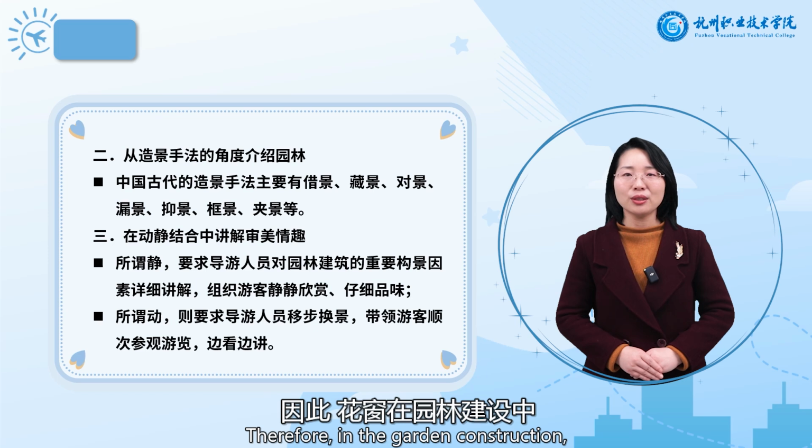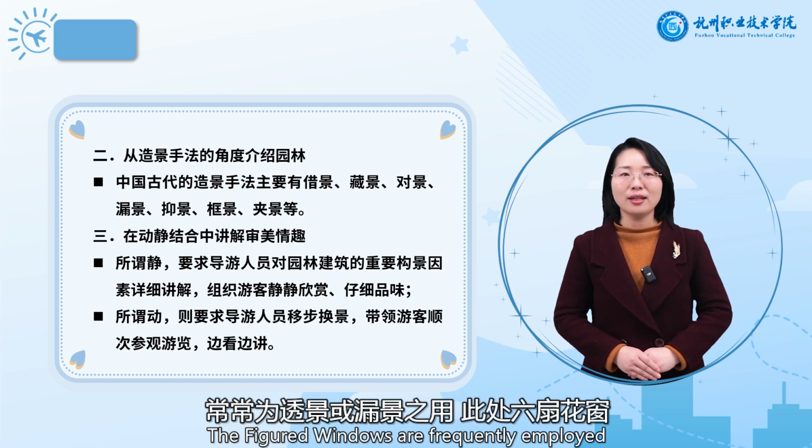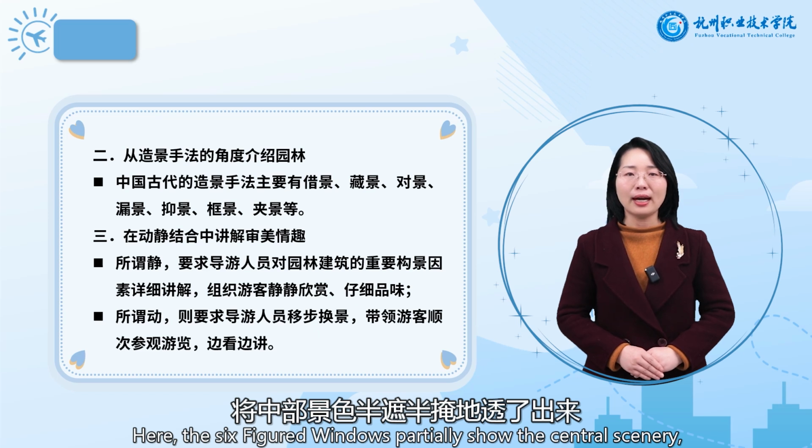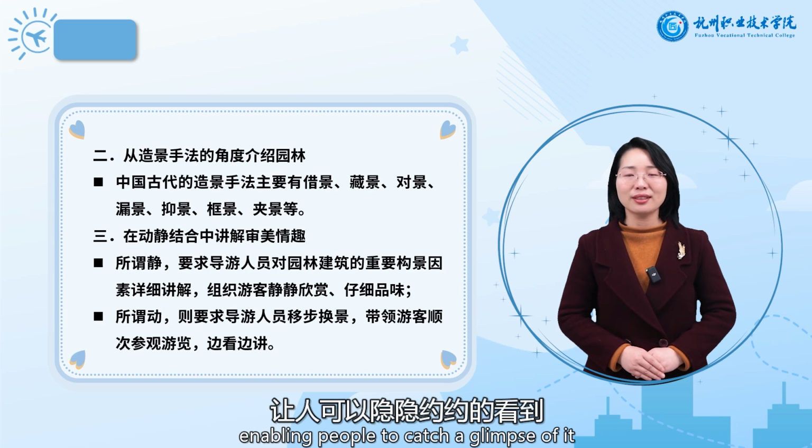Therefore, in the garden construction, the figured windows are frequently employed for the functions of through scenery or leaking through scenery. Here, the 6 figured windows partially show the central scenery, enabling people to catch a glimpse of it.